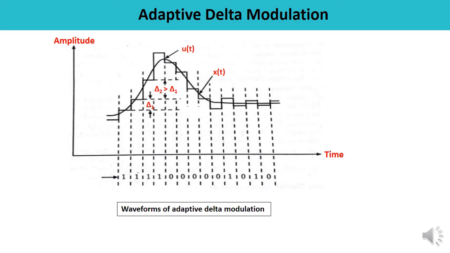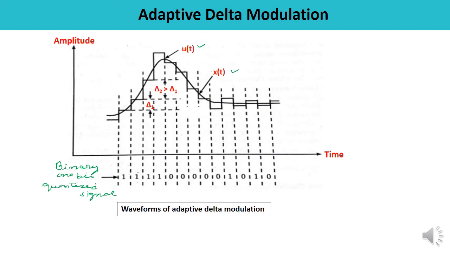So this is actually the binary 1-bit quantized signal. Xt is the input signal, ut is the staircase approximation.